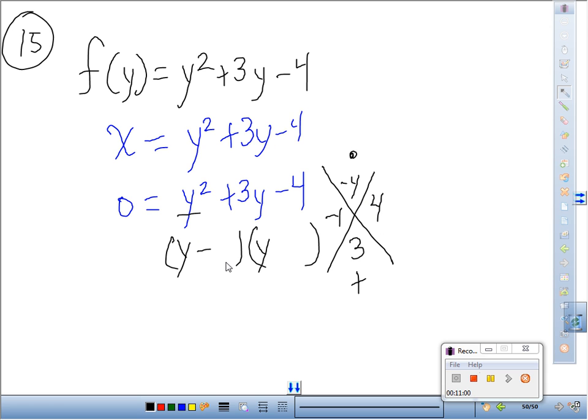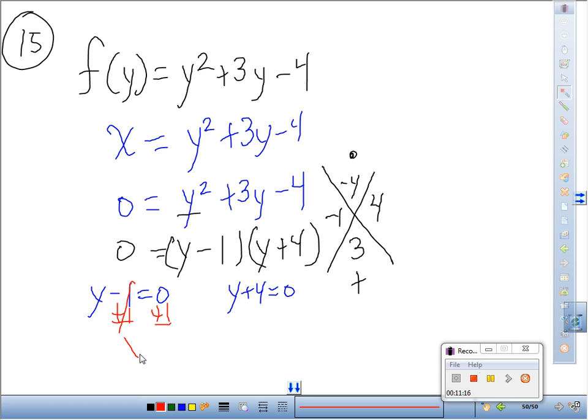All right, so it's y minus 1, y plus 4, and all that is equal to 0. Next step, set each one equal to 0: y minus 1 equal to 0, y plus 4 equal to 0. Let's solve. Plus 1, y equals 1. Minus 4, y equals negative 4.